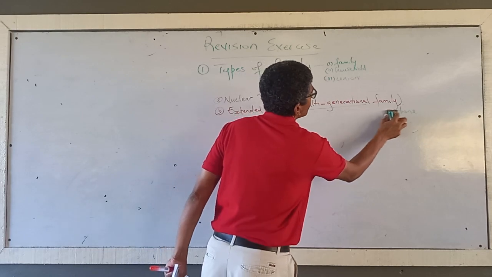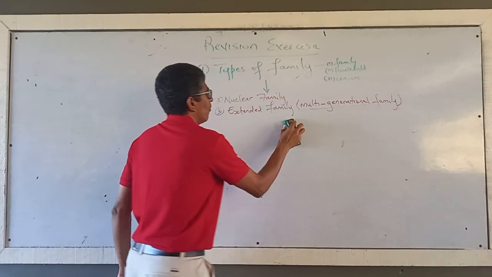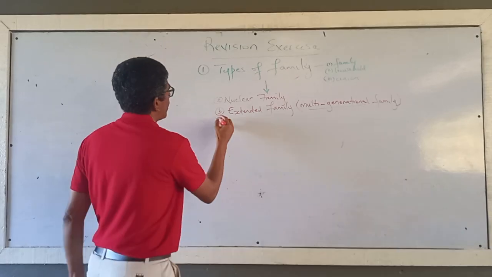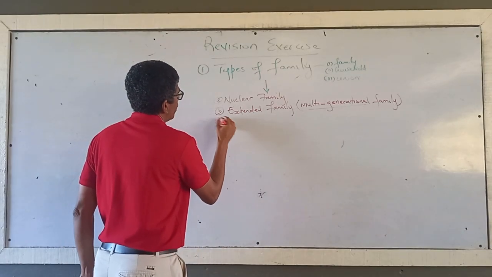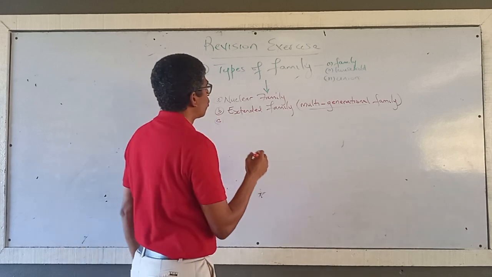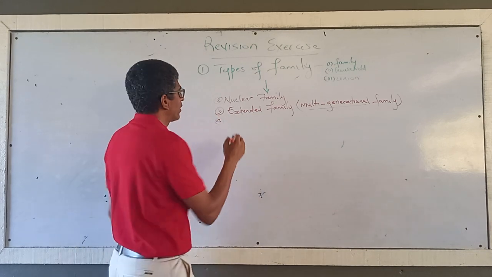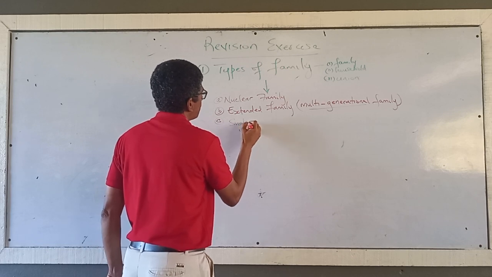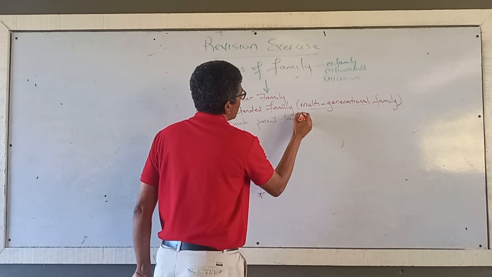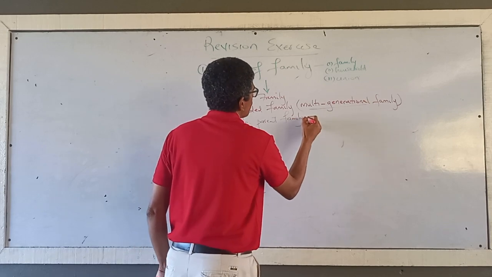Another type of family. So another type of family, in 1, 2, 3, would be the single parent family. Alright?